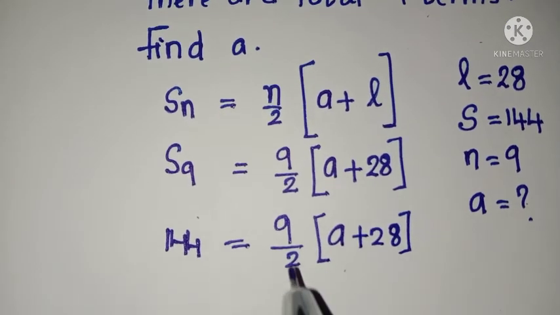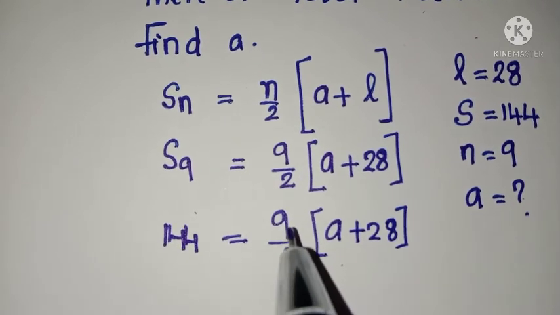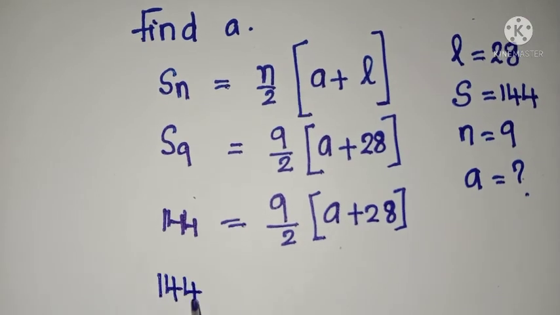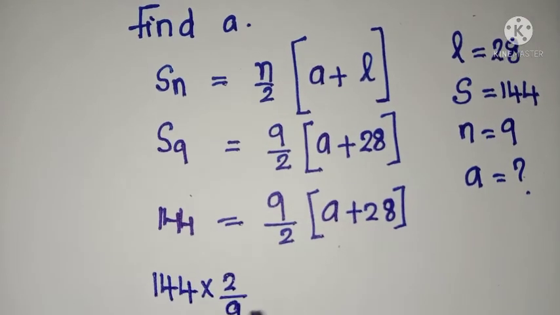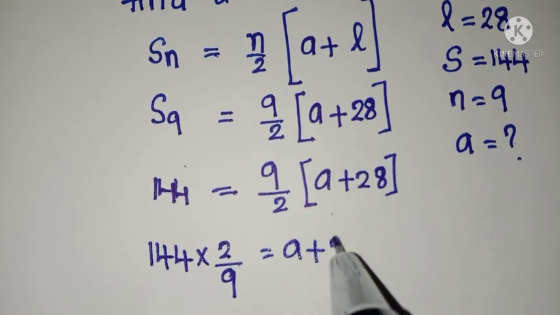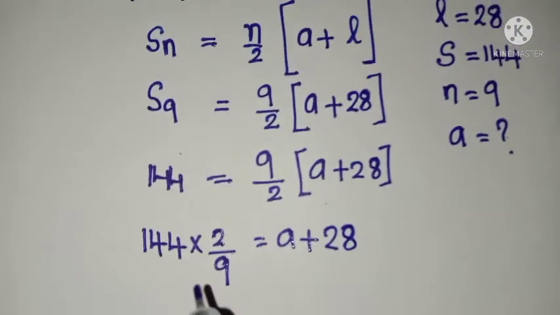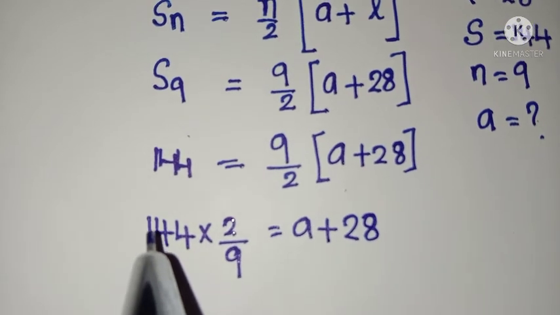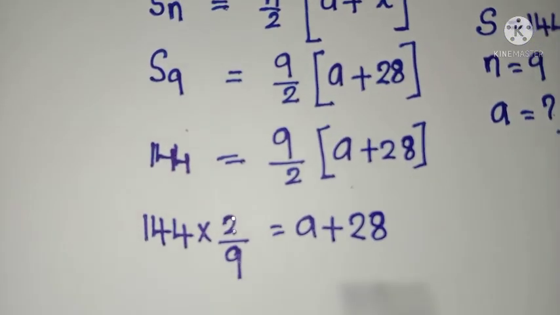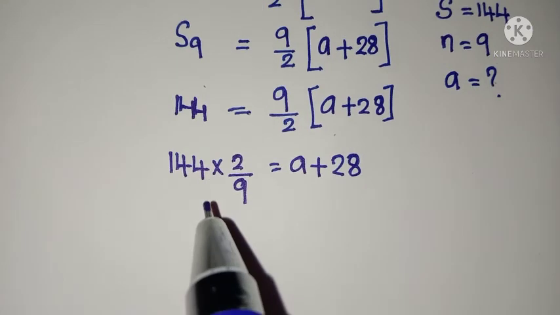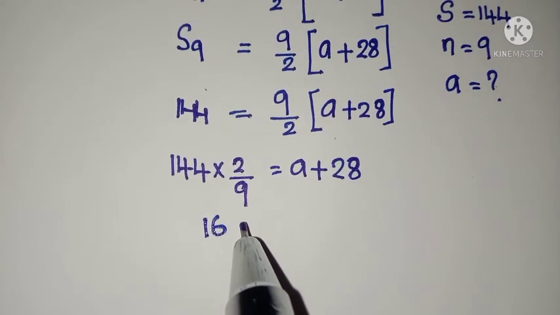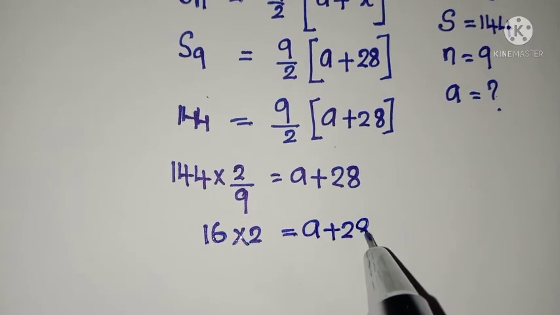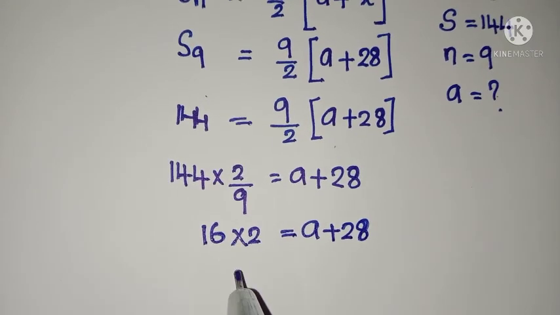Take this 9 by 2 to the left side. So 9 by 2 becomes 2 by 9. 144 into 2 by 9 equal to a plus 28. Now we can cancel 144 and 9. 16 into 2 equal to a plus 28. 16 into 2 is 32.